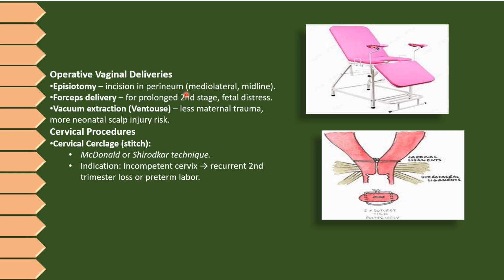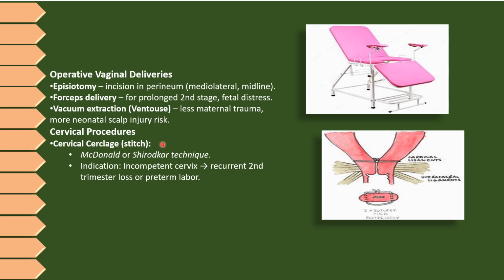Forceps delivery is performed in situations like a prolonged second stage of labor or when the fetus is distressed. Alternatively, a vacuum extraction or ventouse delivery may be done. This is associated with less maternal trauma but carries some risk of neonatal scalp injuries.